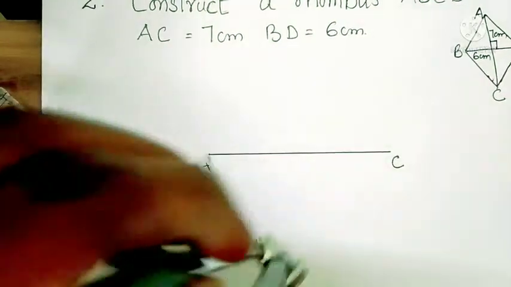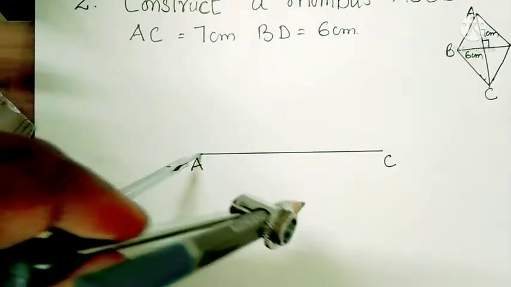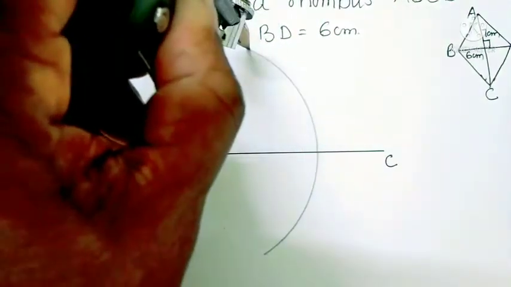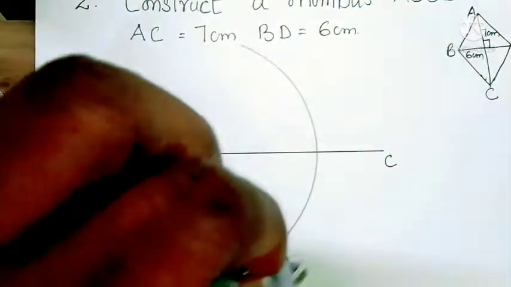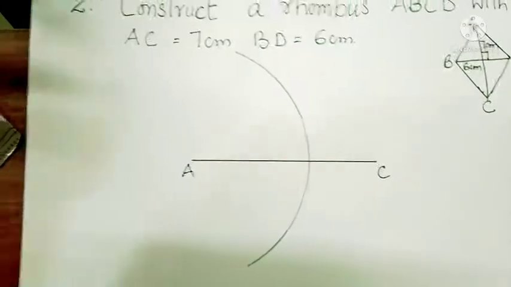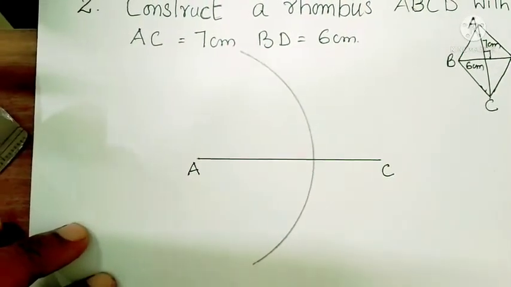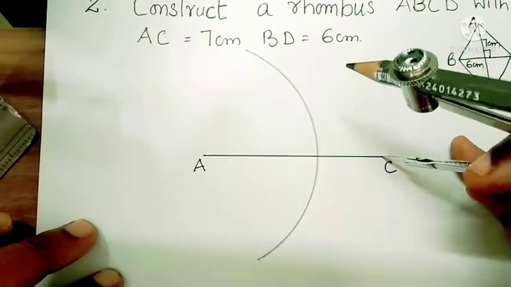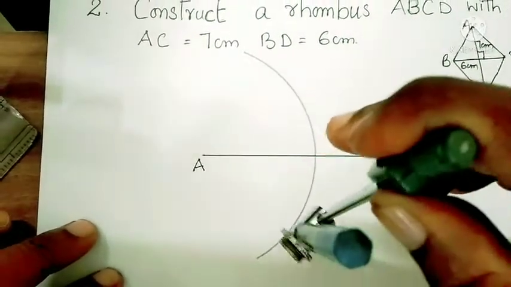So take a little more than half, and keep on the first end point and draw one arc. Then take the same distance from the other end point and draw another arc.